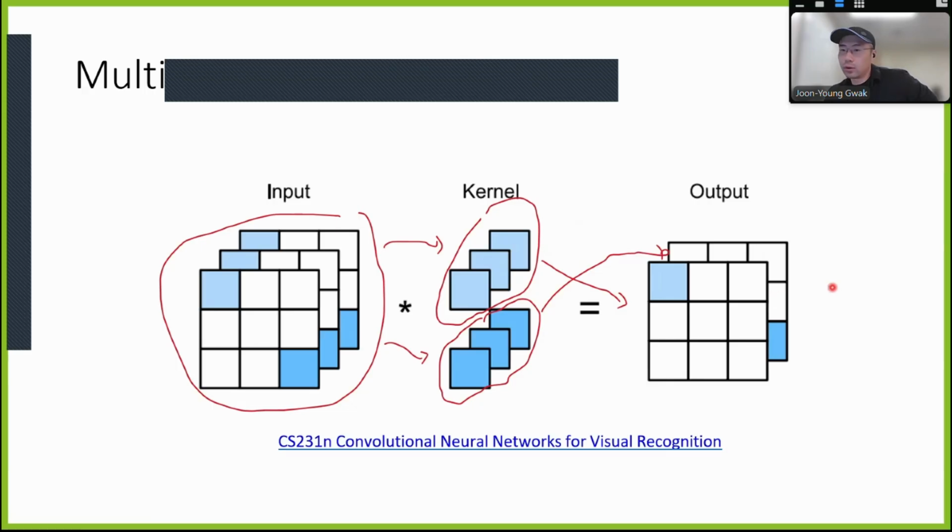So Jimson, would you like to take a try at explaining why the output would be two channels?